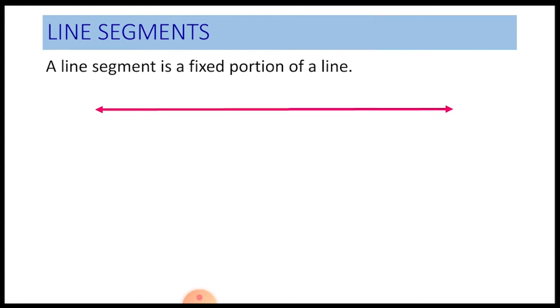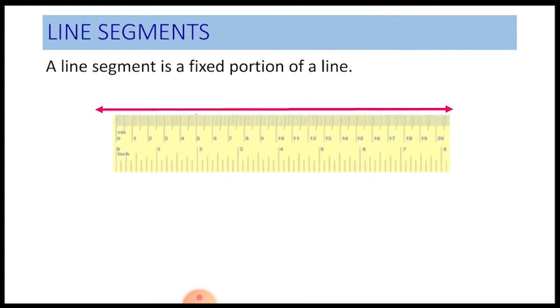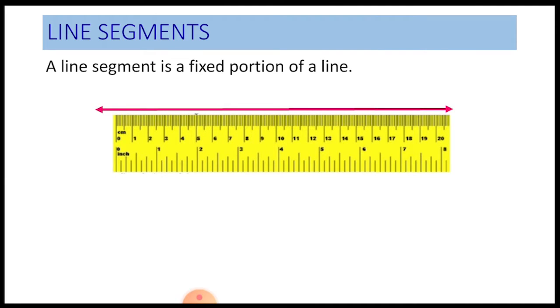Okay. So here let's take a line, and just below that if we place a ruler, we can get the fixed portion marked by referring to the readings marked on this ruler.